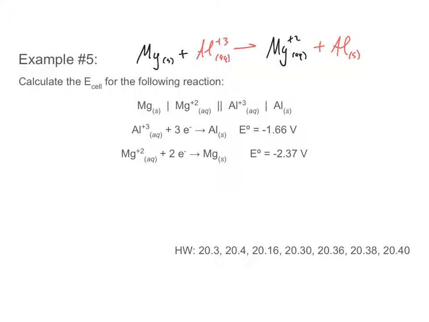So we're going to use this formula we just talked about, but we have to remember that when it's written in this format, this tells me my anode, and this tells me my cathode.